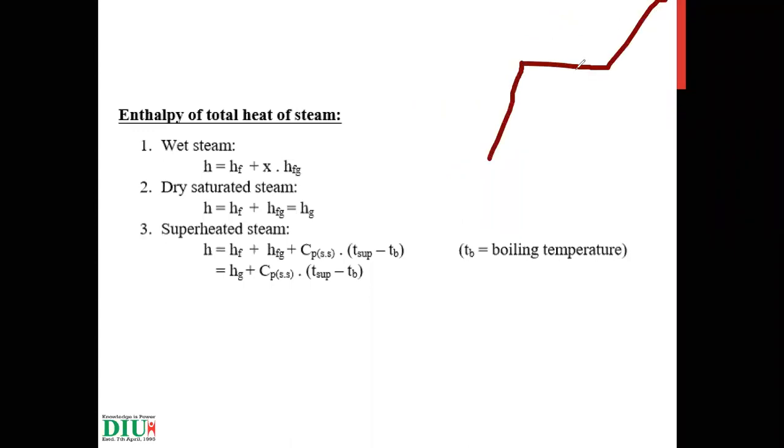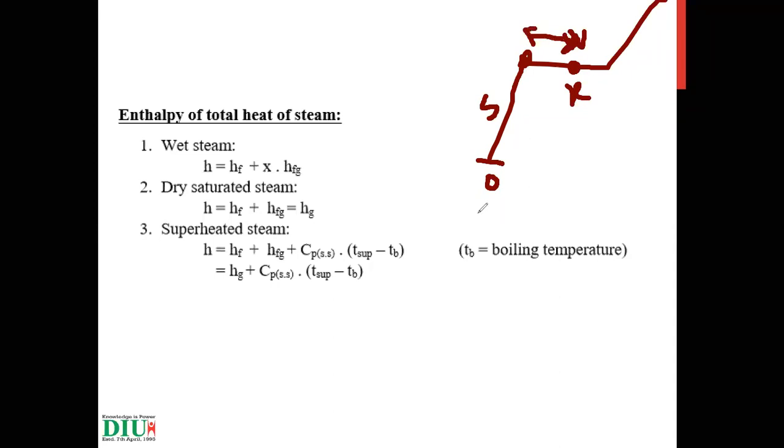Suppose this is the wet steam point, and this is the dryness fraction. To get from the zero point to here, we need to add the sensible heat first till here. Then we need to add this portion.